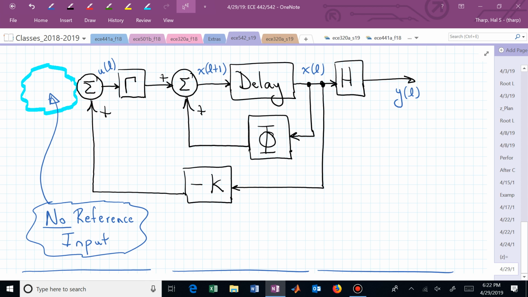But if our system is controllable, look at what K's doing. It's sneaking in there and picking up access to every one of those state vector components x. It doesn't have to work with y.